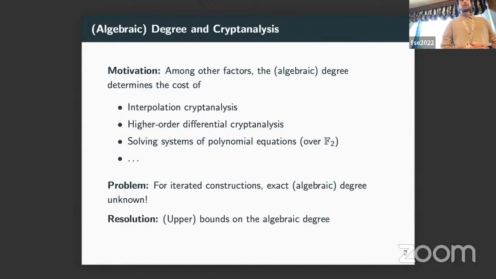I'm speaking here of interpolation cryptanalysis, higher order differentials, and to some extent also of solving systems of polynomial equations over F2. The problem is, in practice, we don't know the exact algebraic degree of full-scale cryptographic permutations. So this is the reason why we establish upper bounds on the algebraic degree.